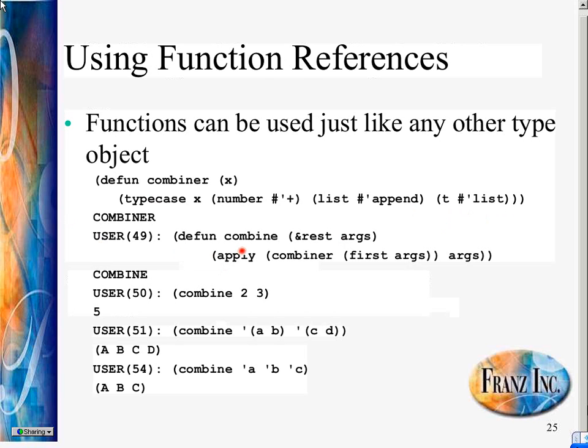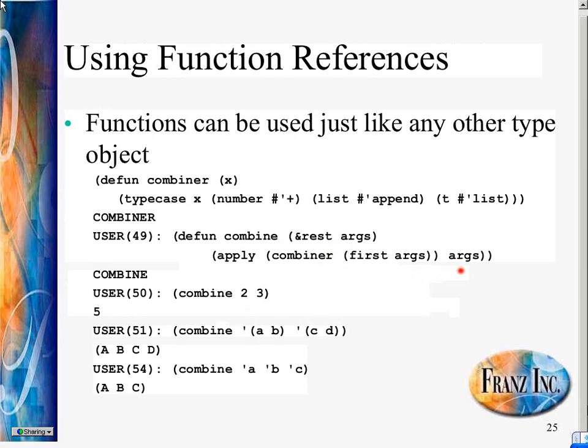Now here is the combine function, and it takes any number of arguments, and then it applies the combiner, applied to the first argument, to all the arguments. First of args, remember all the rest arguments are all bundled up into a list, and therefore, the first of them is the first argument, the first rest argument.